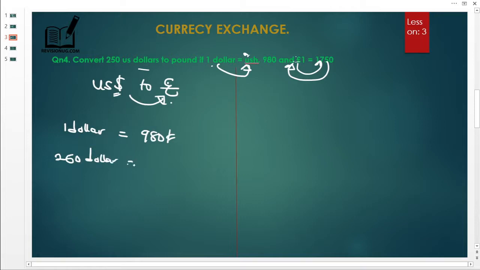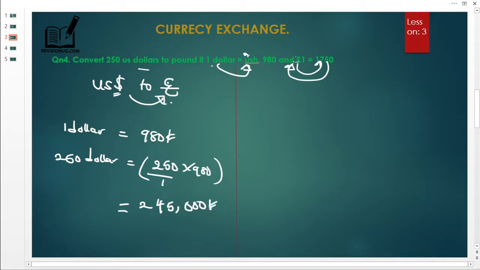So that is 250 over 1 times 980, which gives us 245,000 shillings. Now this one is in shillings.